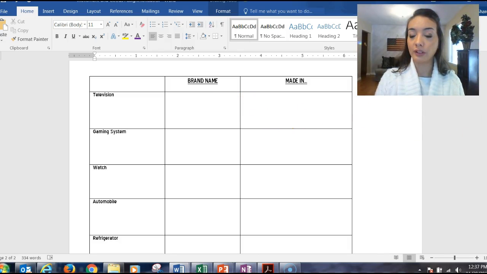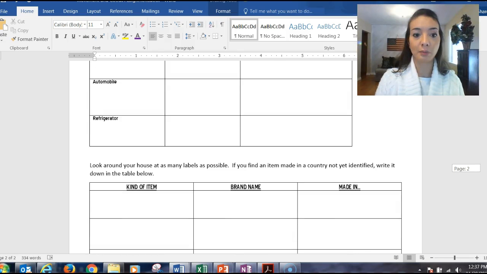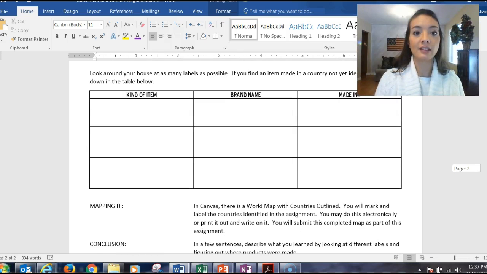Now, if I scroll down to the next part, it says, look around your house at as many labels as possible. If you find an item made in a country not yet identified, write it down on the table below. So you are going to try to look for items that are not the same as the countries that you wrote on the table that's above this one, okay?